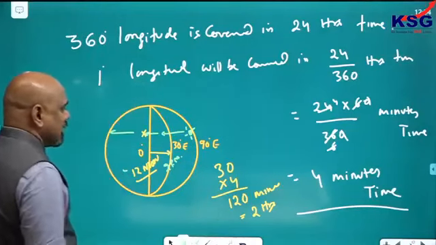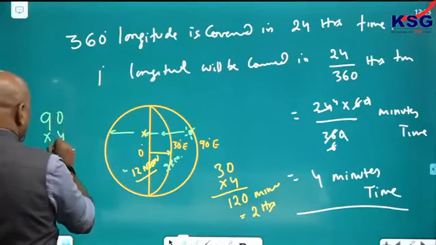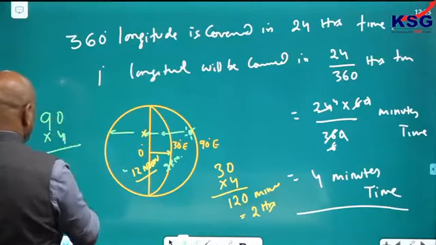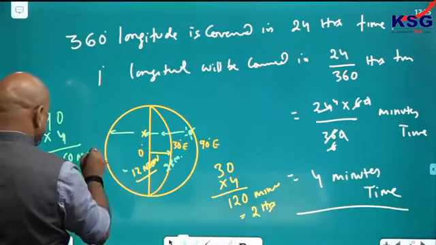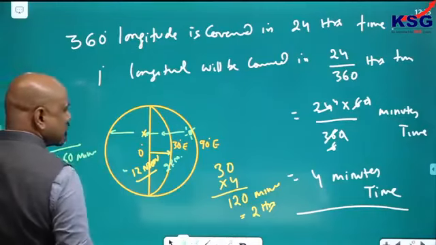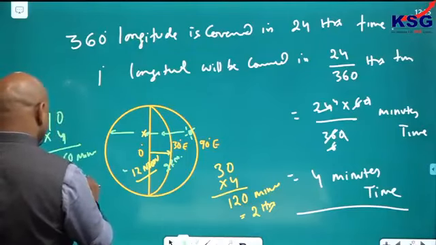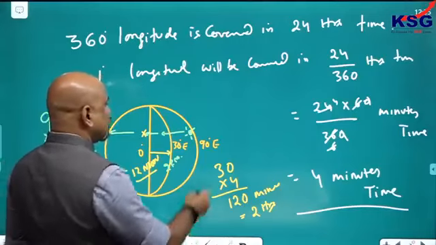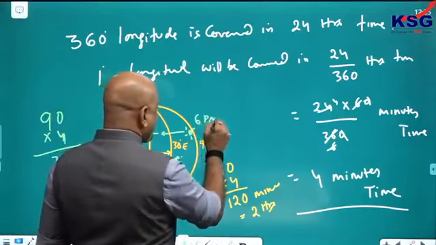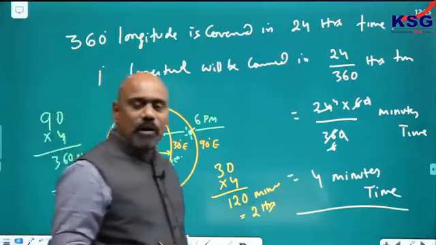At 90 degree, 90 into 4, 360 minutes, which equals 6 hours. So it will be 6 PM here. I hope you got it.